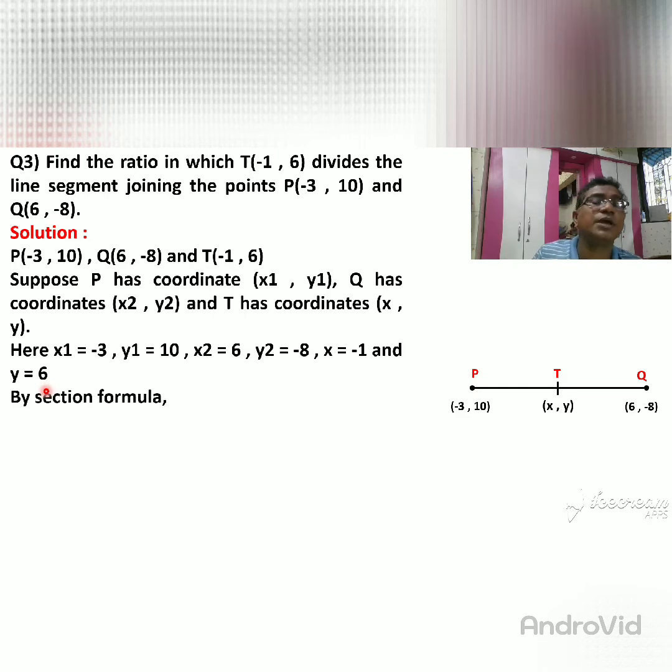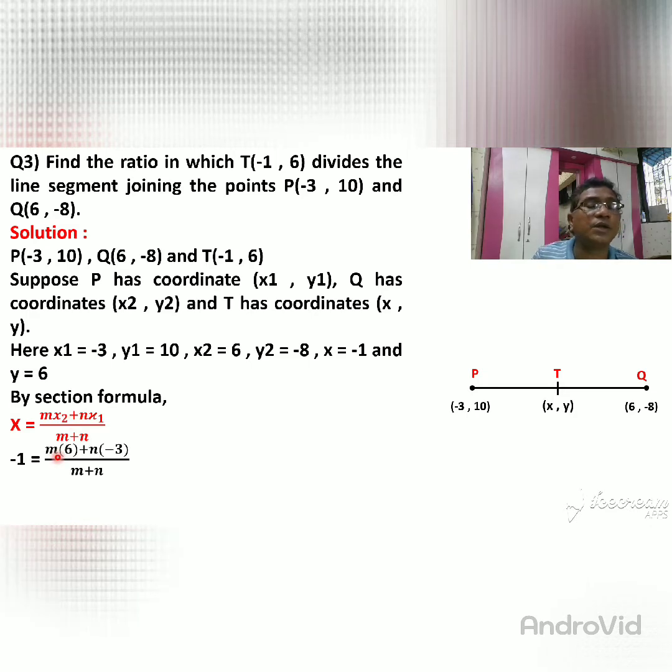Here is the section formula: x is equal to (m x2 + n x1) divided by (m + n). Here x is the value given to you, and that value is -1. m and n are the ratio you want to find out. x2 is given here as 6, x1 is given here as -3, and m plus n.